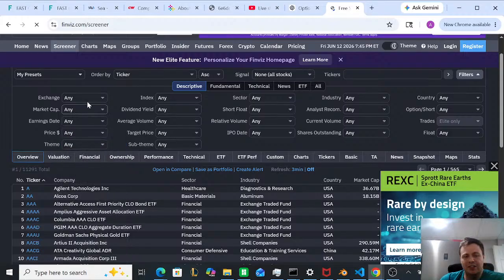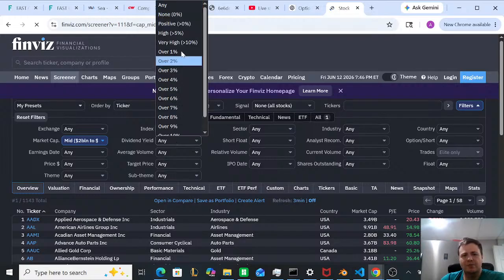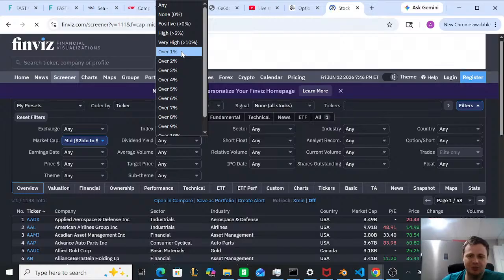So if I look at the mid caps, I just set the market cap from 2 billion to 10 billion, I think it was. And then I say we have a positive dividend yield. I didn't finish the thought on how I get from that 11% to the 15 to 20% I'm looking for.